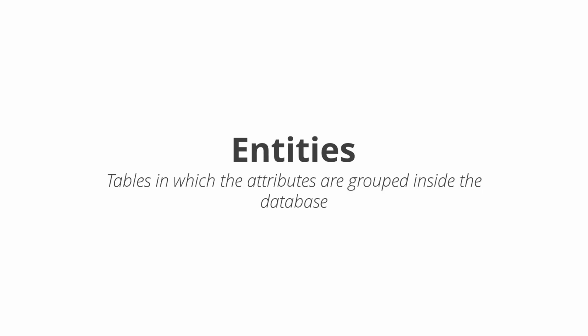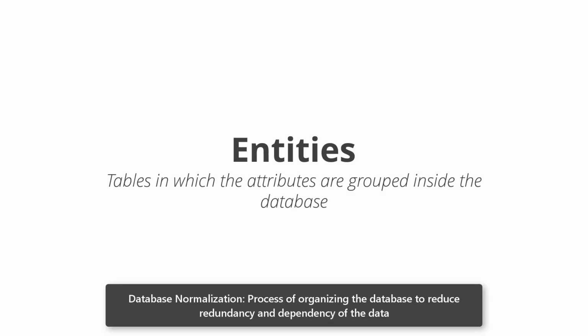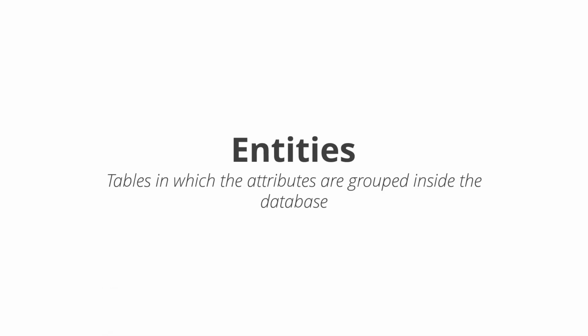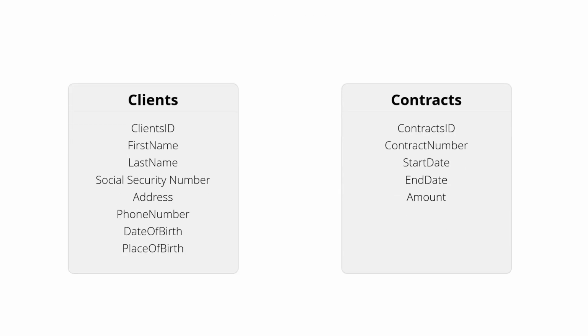Now, there's an entire theory about the process of normalization on how to organize the entities to reduce redundancy and dependency of the data, but we're not going to go into more detail regarding that. In our case, the entities will look like this. So we have the clients and the contracts along with their attributes.